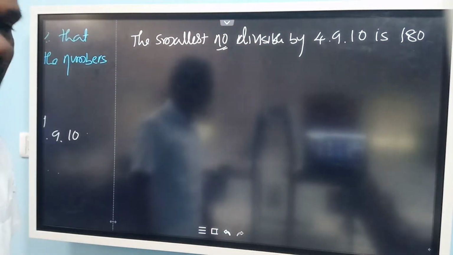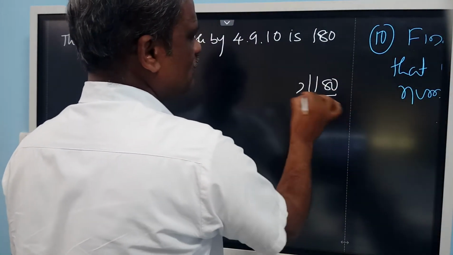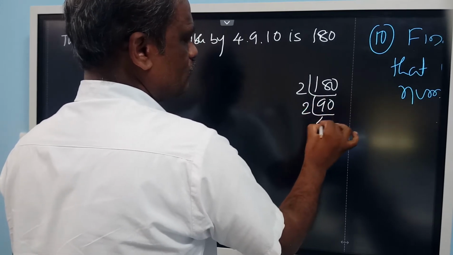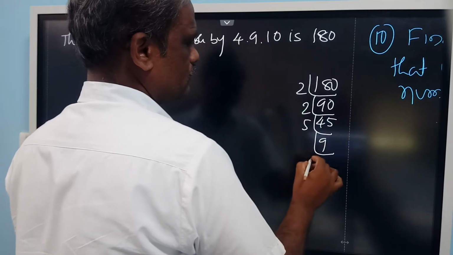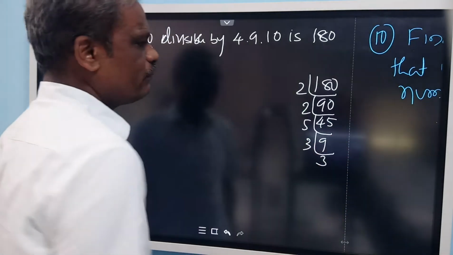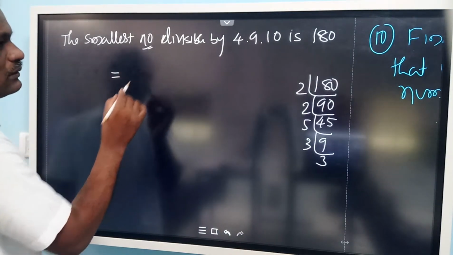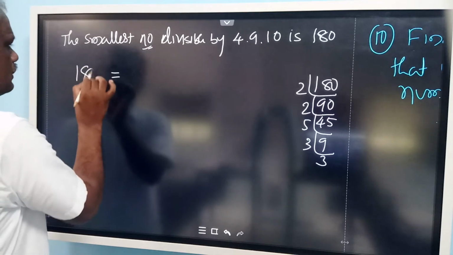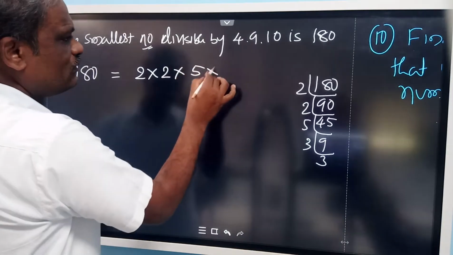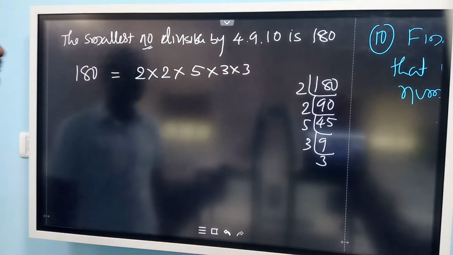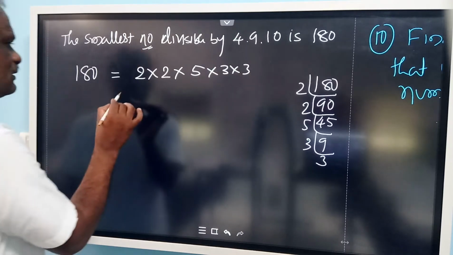Now this is not a perfect square number, so let us factorize 180. 180 can be written as 2 into 2 into 5 into 3 into 3. Now this is in square numbers.